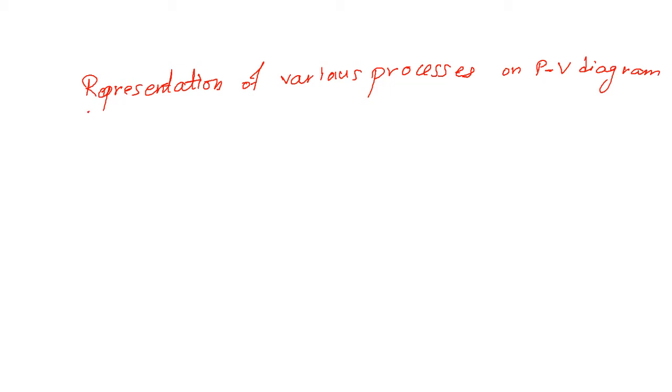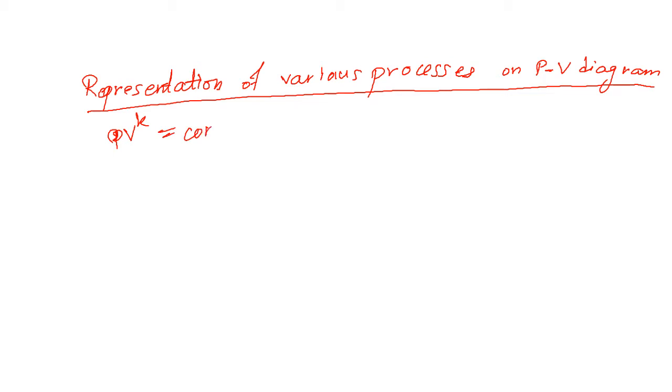Representation of various processes on the PV diagram. We know PV to the power K equal to constant. What is the value of K for different processes?